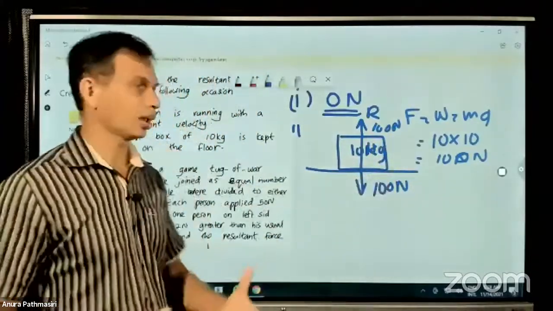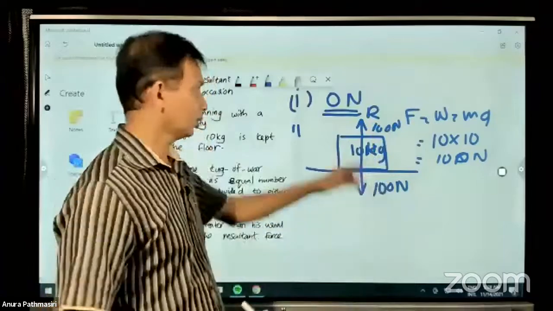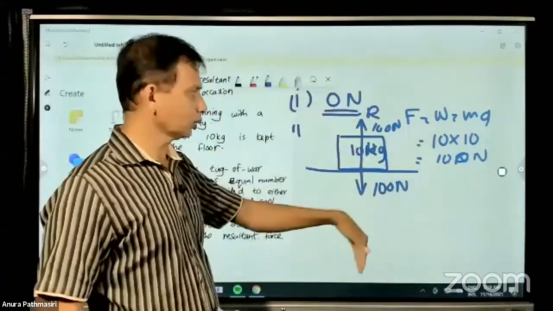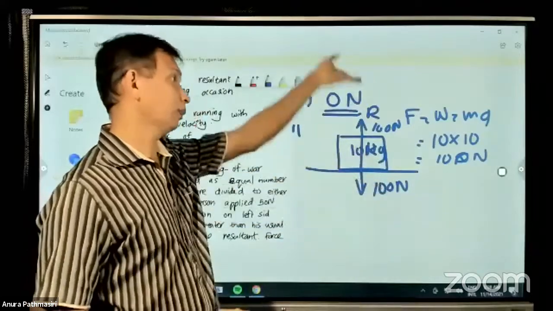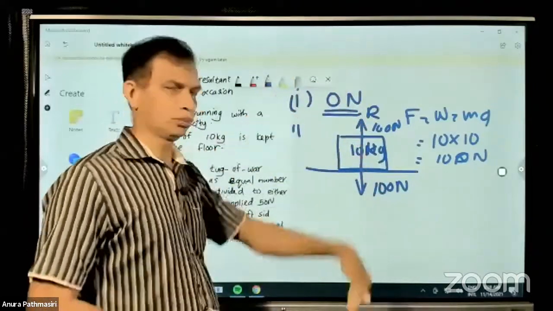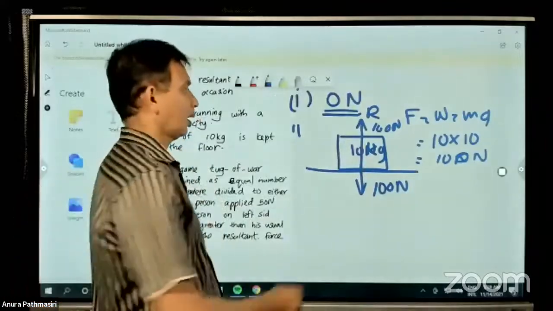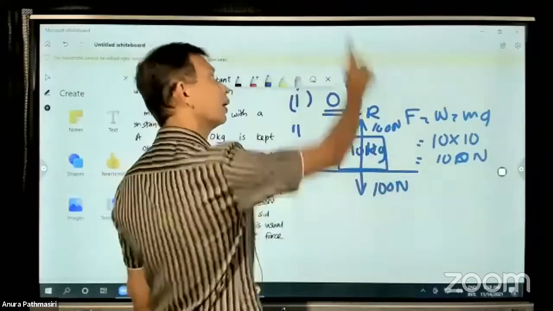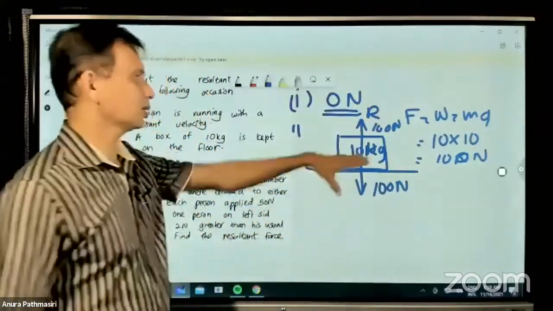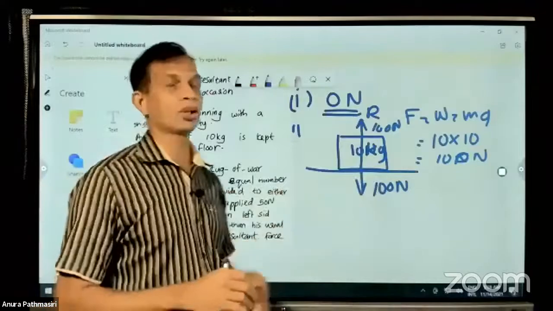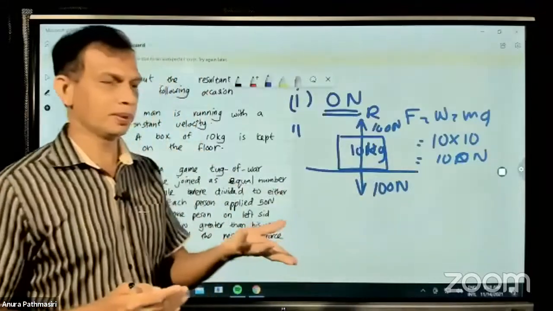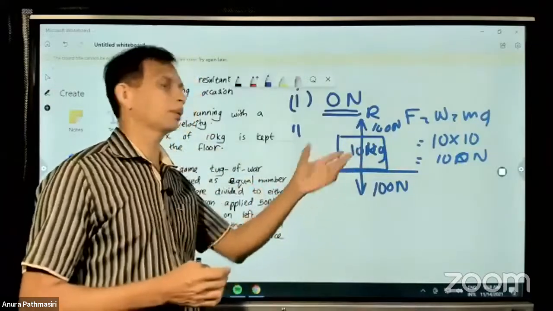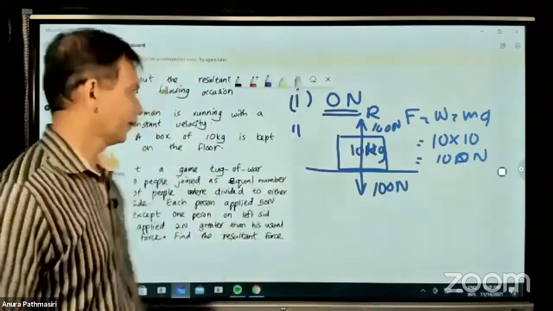If that is not there, this one will be sinking in the ground because the downward force is greater and there is no upward force. Or if the upward force is greater, this will be flying up. But nothing happens. So the resultant of the forces applied on that particular object is 0.